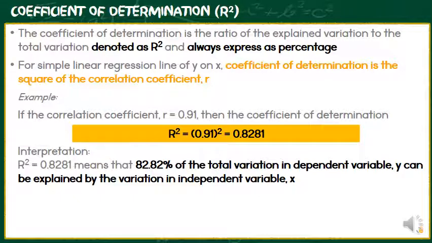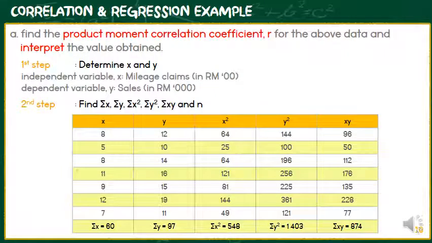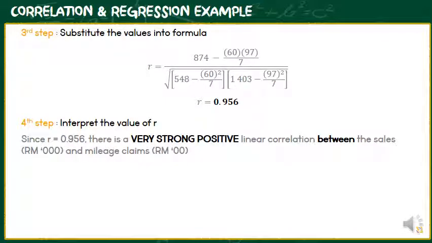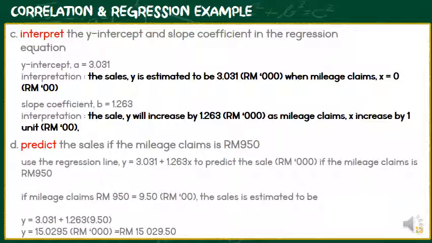So nanti you boleh go through the example. I give you a complete example daripada correlation. Okay, this is your correlation coefficient, nak cari R. And then ini pula contoh untuk cari regression equation, interpret and also predict.